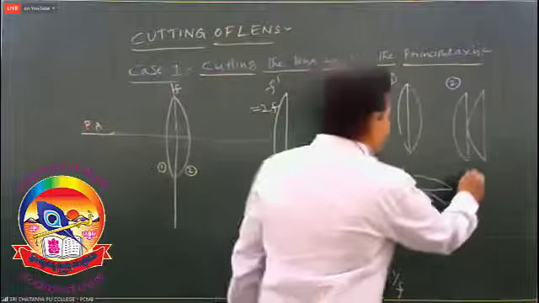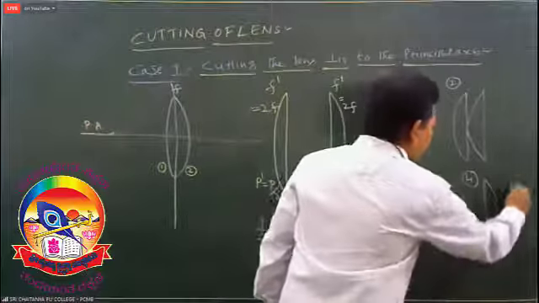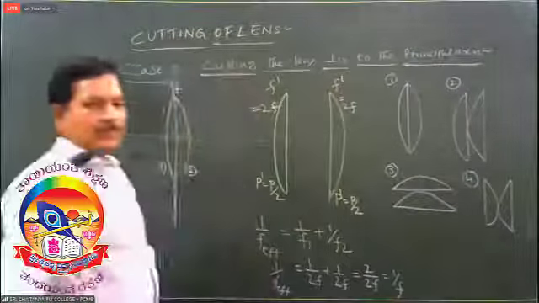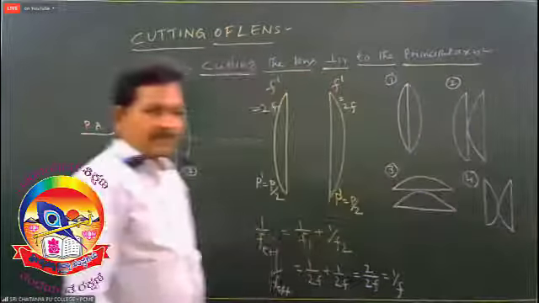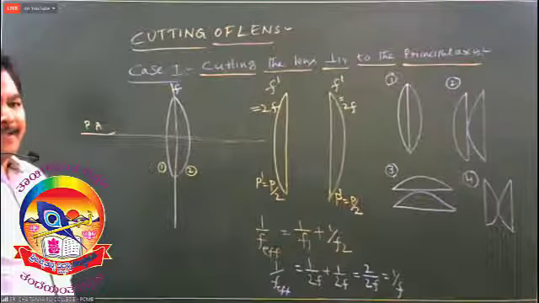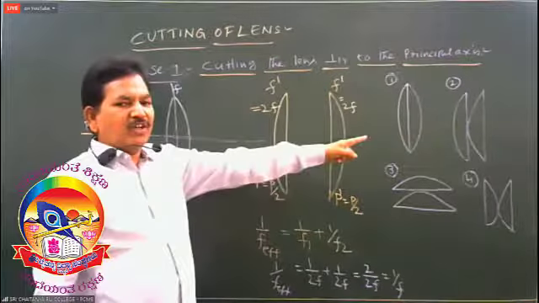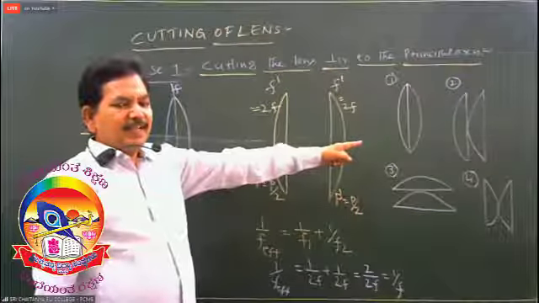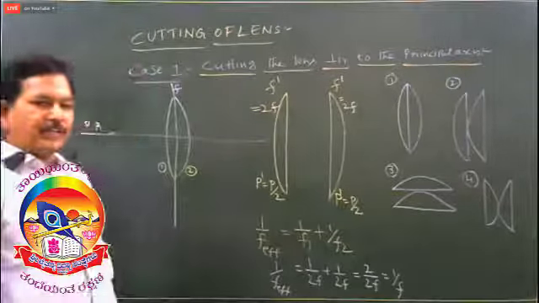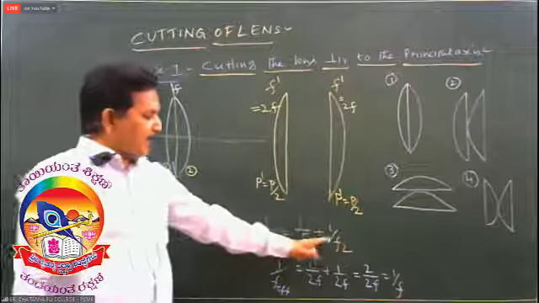Next case. In all these 4 cases, what is the effective focal length? F itself. In all those 4 cases, these two pieces are kept in contact with each other. When two lenses are kept in contact, how to calculate the effective focal length? 1 by f effective is equal to 1 by f1 plus 1 by f2.